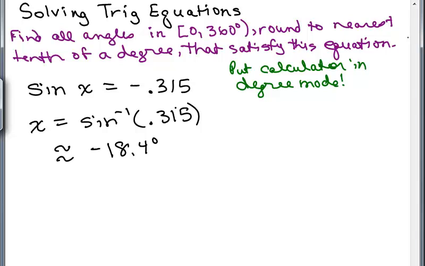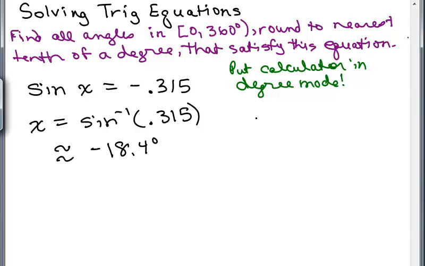So the first thing I notice is that's not an angle where I want my answer to be. I want my answer to be between 0 and 360 degrees. So how would I find a coterminal angle with this, so it's between 0 and 360 degrees? Remember, you can add or subtract 360 degrees to get a coterminal angle.